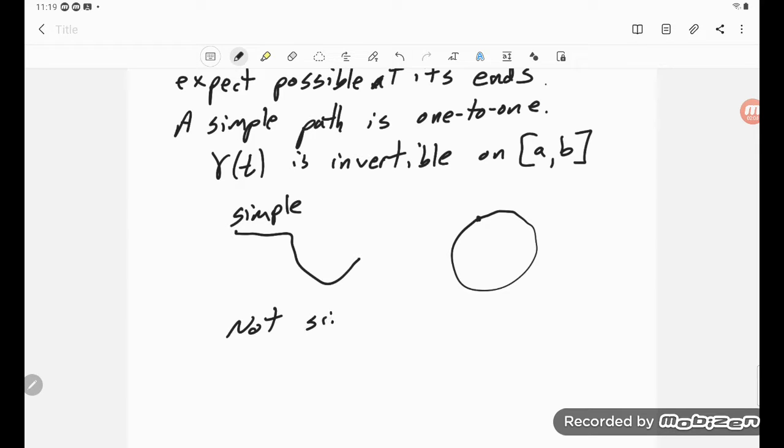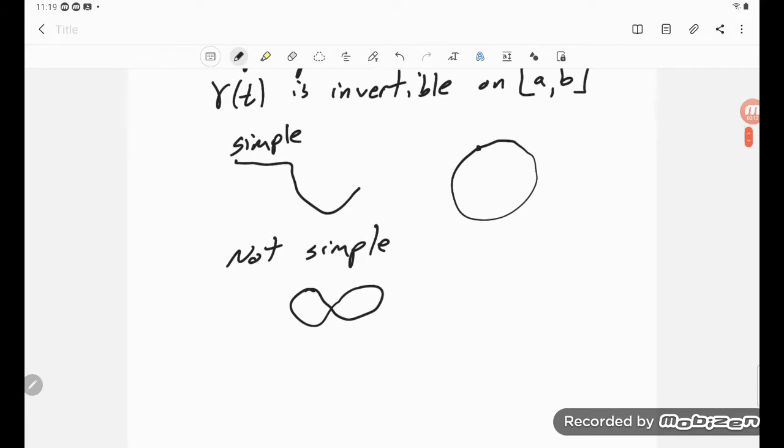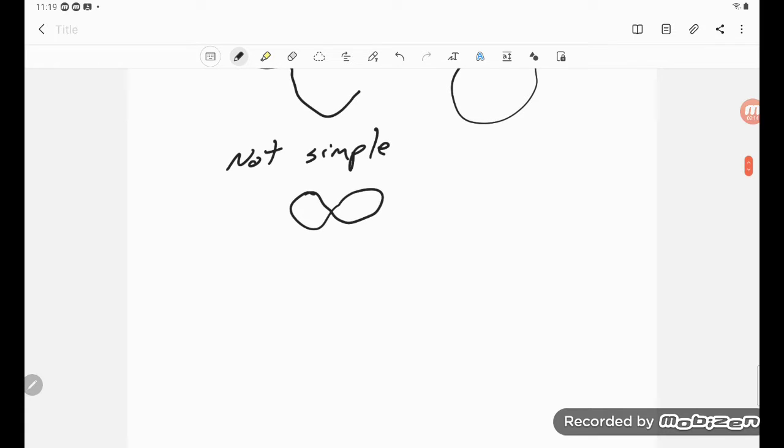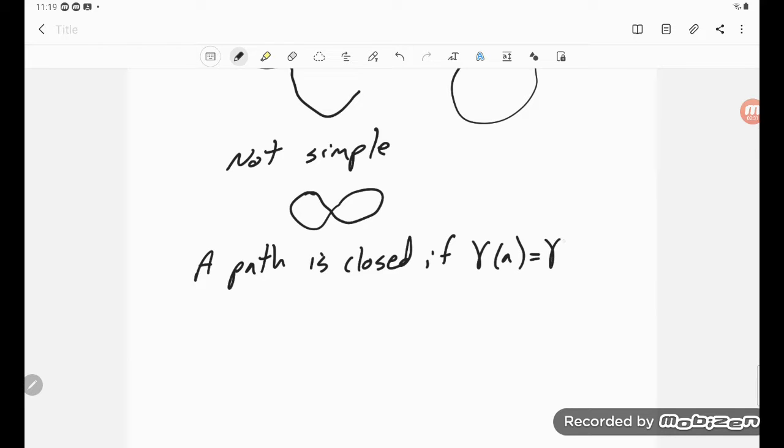Not simple would be something like a figure 8, because it crossed itself. So that's a simple path, and a path is closed if gamma of A equals gamma of B.